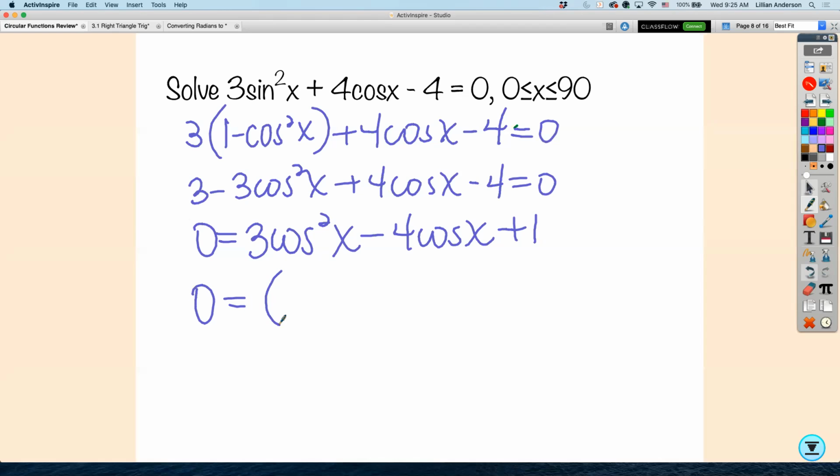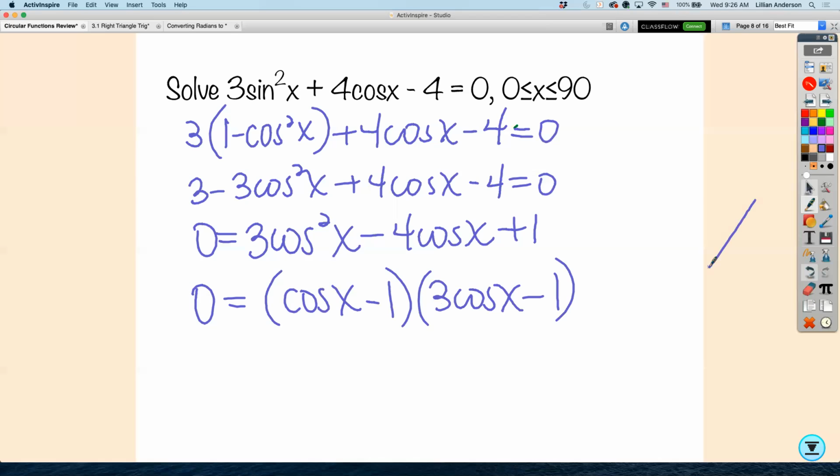Now you're saying cosine squared x. Do you mean cosine x? Yes, ma'am, cosine x minus 1, and then 3 cosine x minus 1. There we go. All right, for those who might have forgotten, you multiply A and C together. So you're looking for 2 numbers that multiply to give you 3 and add together to give you -4.